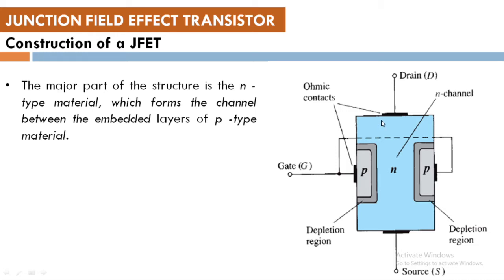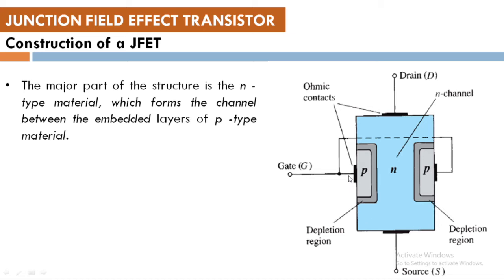And the upper portion, which is the N channel semiconductor part, is connected with a metal and then with a terminal we call it drain, and at the bottom of it you can see again a metal has been deposited over the N type material and we call it source.